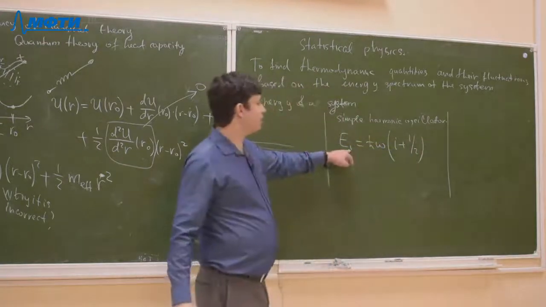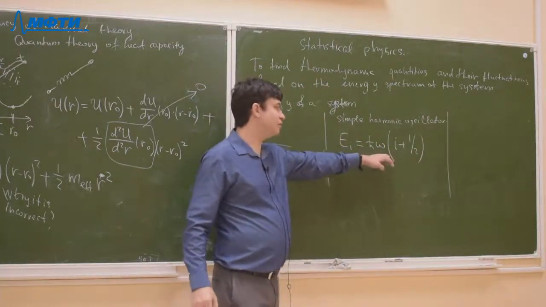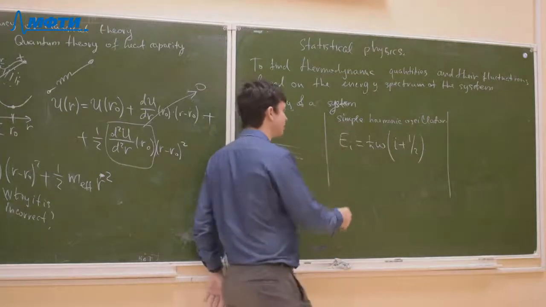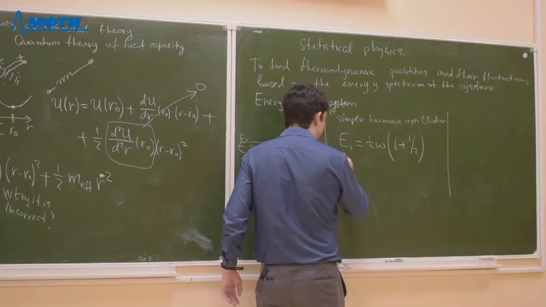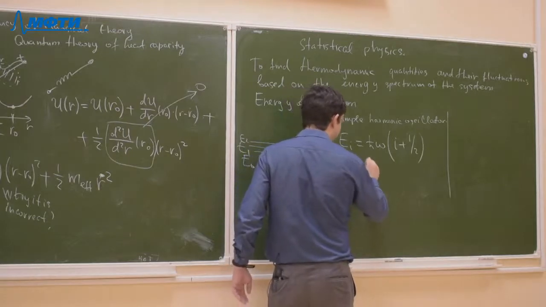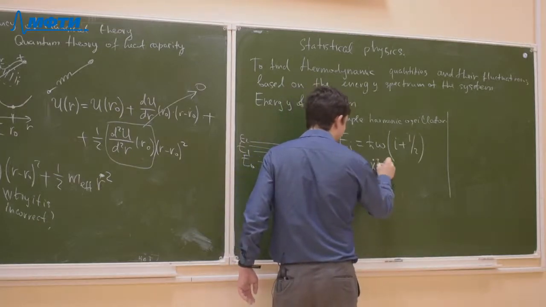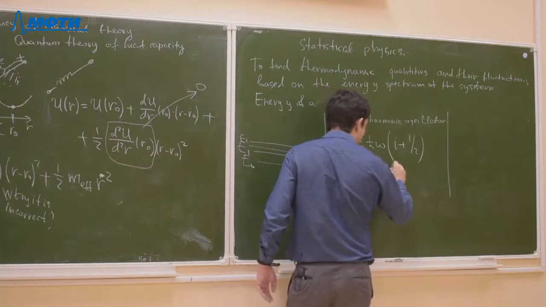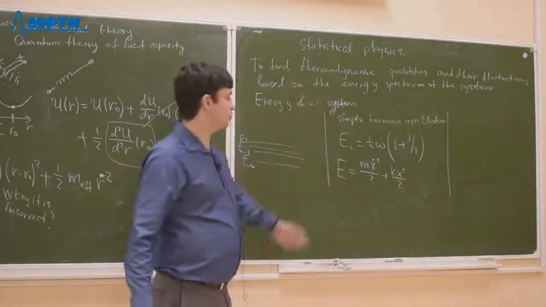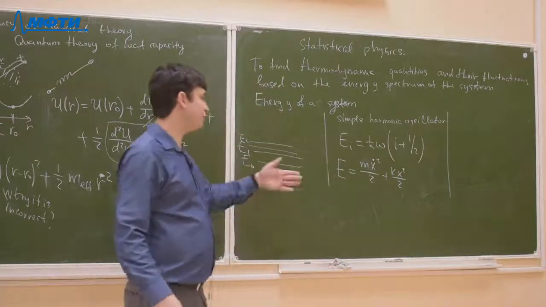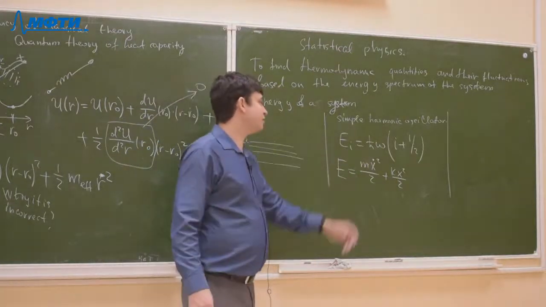Here i is the number of an energy level, and a simple harmonic oscillator has energy given by the following expression. So we have one-dimensional motion along one of the axes, and this is the spectrum of the system.